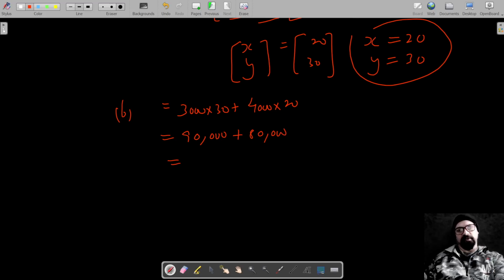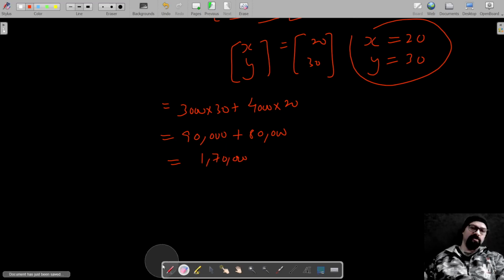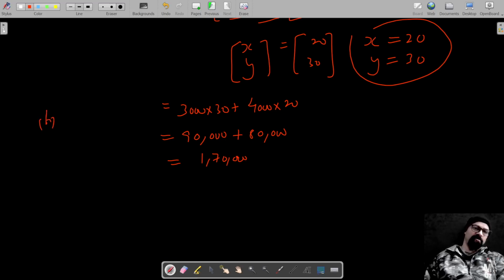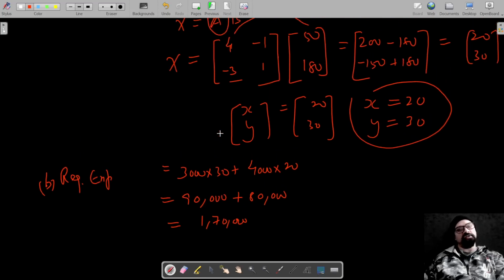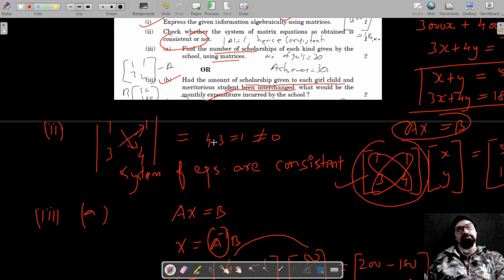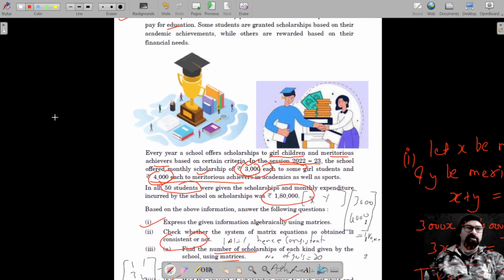Now the monthly expenditure would be 1 lakh 70,000. So 1 lakh 70,000 should be the required expenditure if we interchange the amounts given to girls and the meritorious achievers. So with this, we are done with this paper code 6531 of 2024.